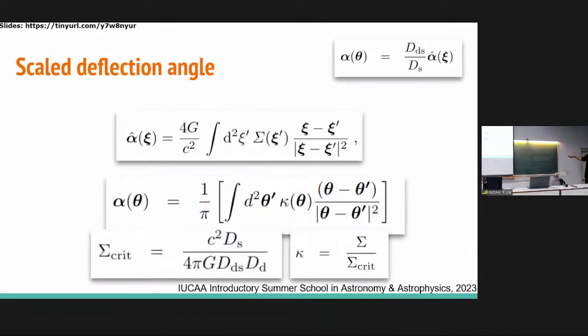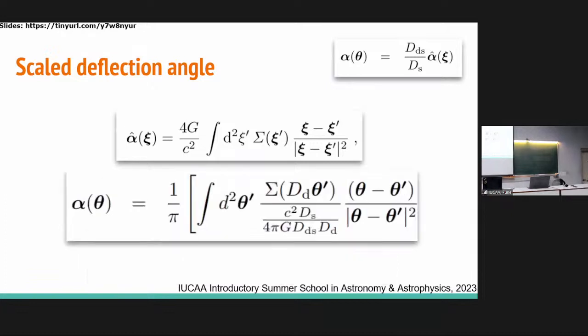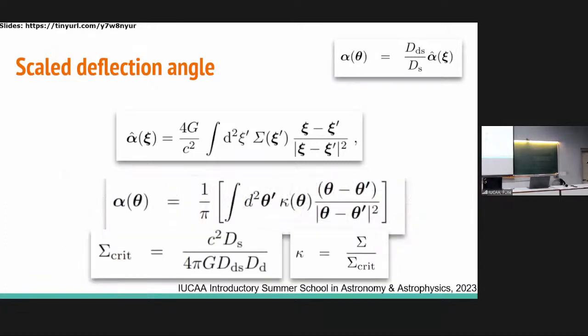So what I've done is, I have recast this sigma divided by the critical surface density as a value called kappa, and just written it down. This should be kappa of theta prime. I'm sorry, I should not have this kind of a typo. And the critical surface density is defined in this particular line.